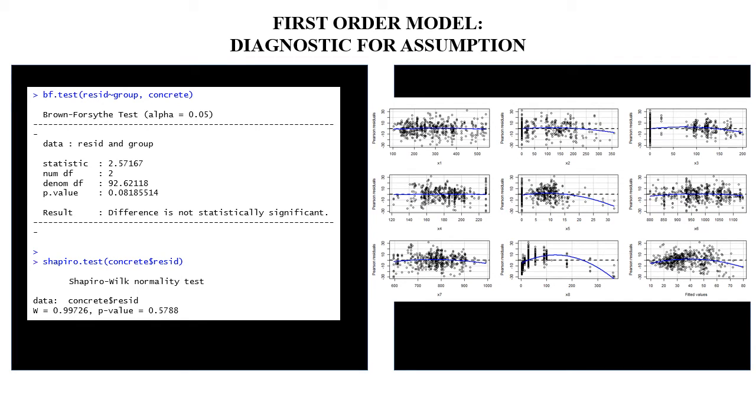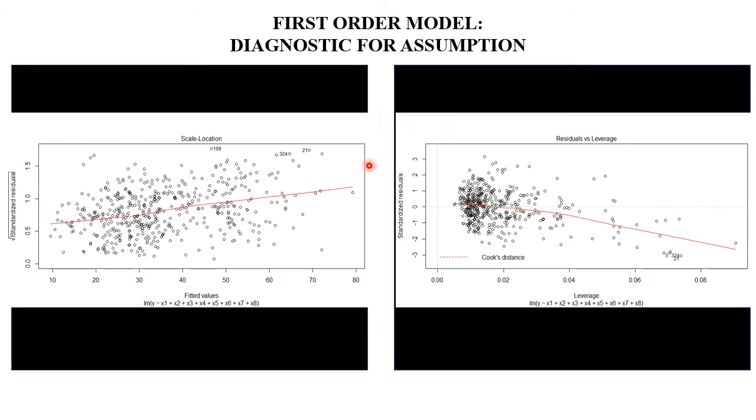However, the residual plots against each explanatory variable and fitted value presented a strong indication of violation of constant variance on X5 and X8 predictors. Scale location also indicates violation of equal variance, and the residual versus leverage plot confirms heteroscedasticity and shows some potential influential points.